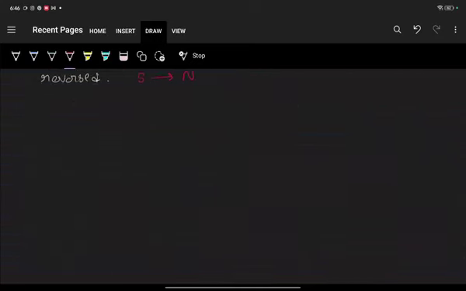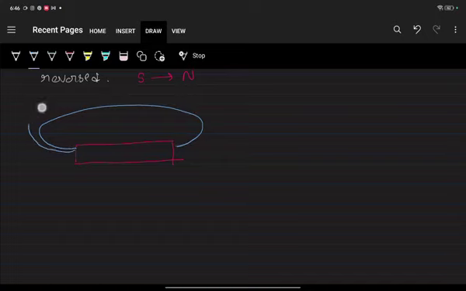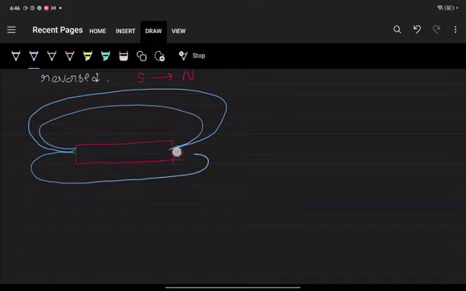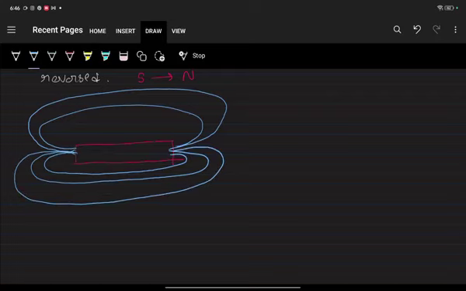Now let's talk about the relative strength of magnetic field. As you can see, nearer to the north pole, magnetic field lines are dense, right? Nearer to any pole. As you move away from the poles, magnetic field lines get distributed.